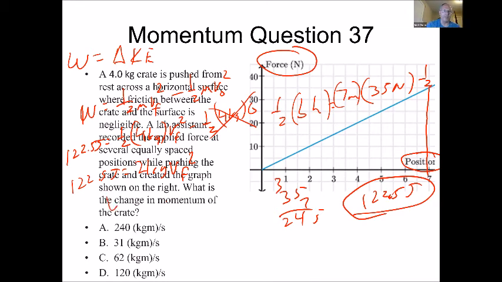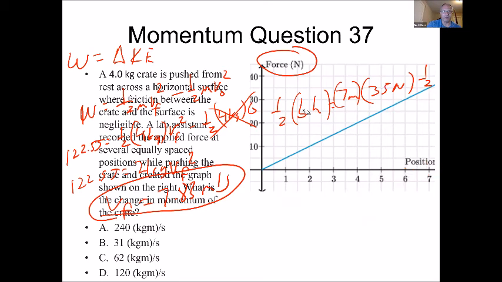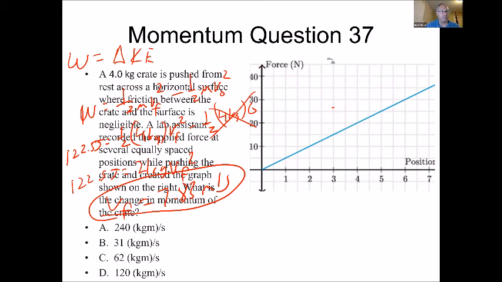We're going to end up with a final velocity of about 7.83 meters per second. Now that's the final velocity. We're still not at change in momentum. So this problem took a lot. We found the work by finding the area under the curve. We set work equal to change in kinetic energy and solved for the final speed.